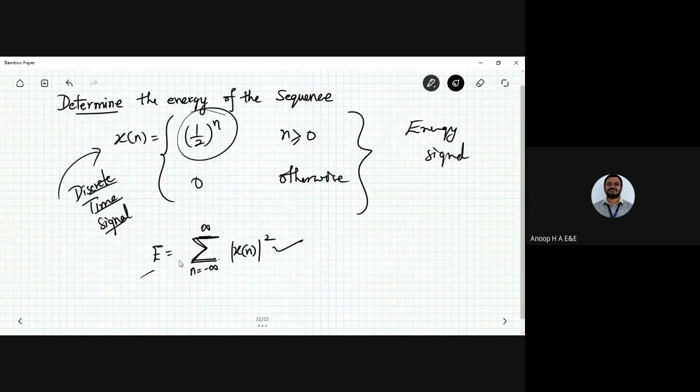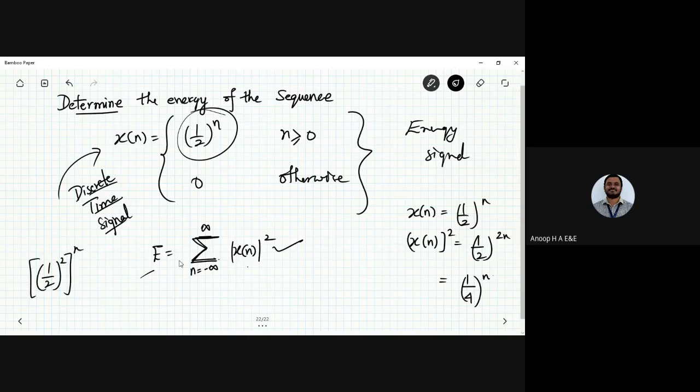So in order to find out the energy of the sequence, what do I do here? x of n is 1 by 2 whole raised to the power n. x of n squared is 1 by 2 power 2n. A slight change I can make here: I can write it as 1 by 2 squared, and again whole raised to the power n.